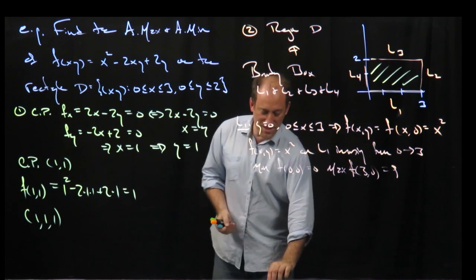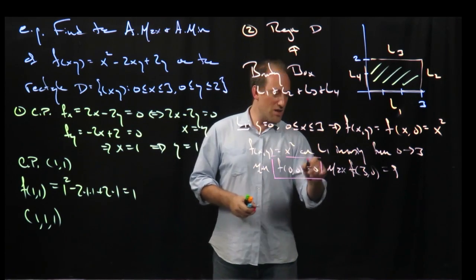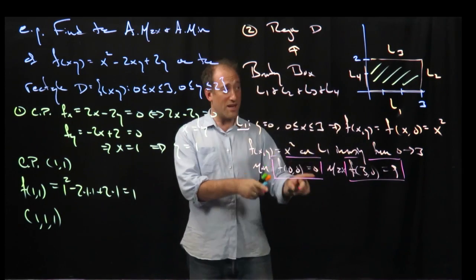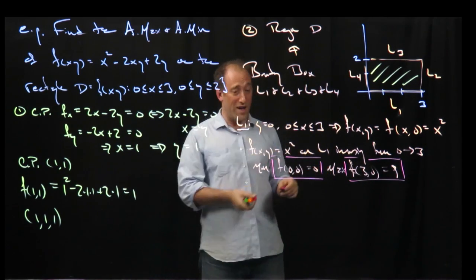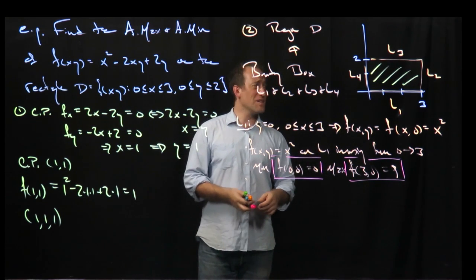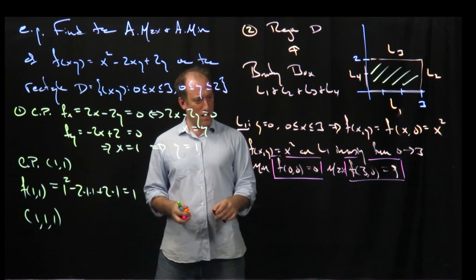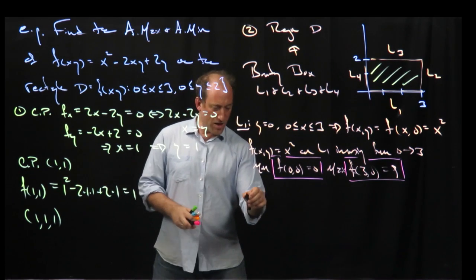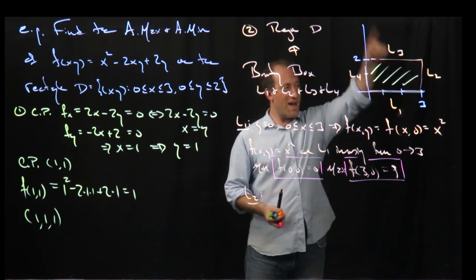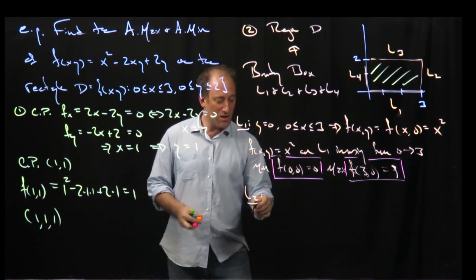Let me box these as I go along, because this is just one set of min and max on the line L1. I need L2, 3, and 4, and I'm going to fit it on this board. All right, I put L2 there. On L2, y varies, but x is fixed at 3.